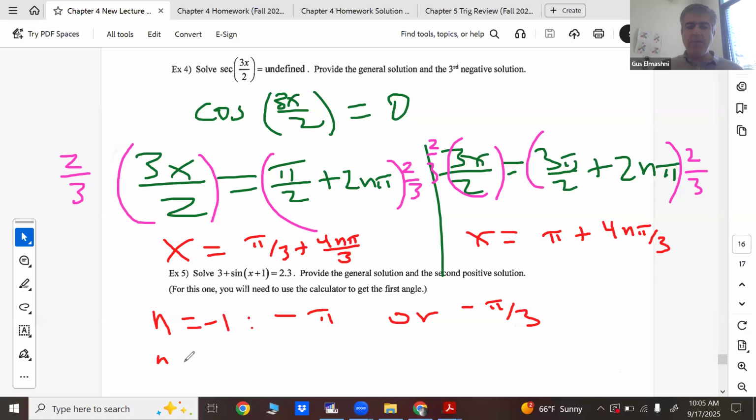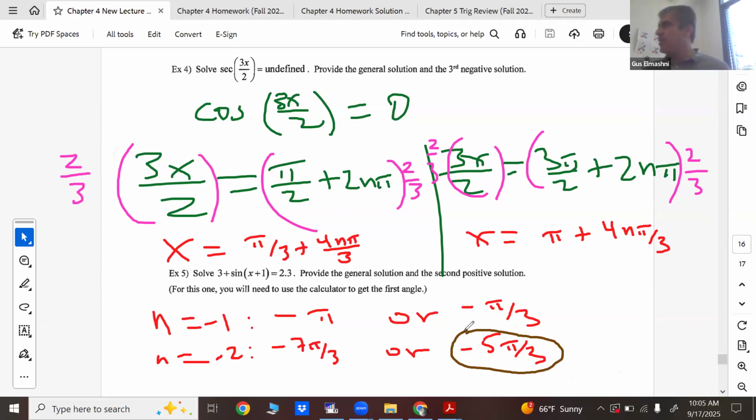If I plug in n equals -2, I should get -7 pi over 3, or -5 pi over 3. Am I correct in doing that? Hold on. Yeah, I'm correct in saying that. So what's my third negative answer? There you go. That's my third negative answer.